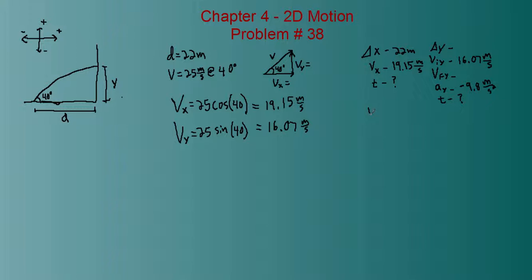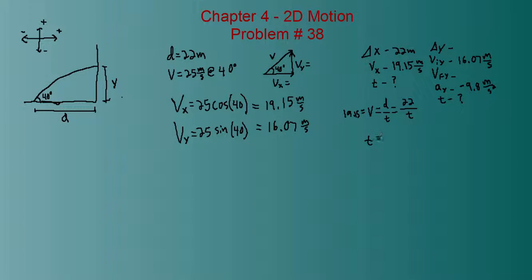So over here we got the equation v equals d over t, because there's no acceleration, so we got constant speed. That's 22 over t, and v equals 19.15.